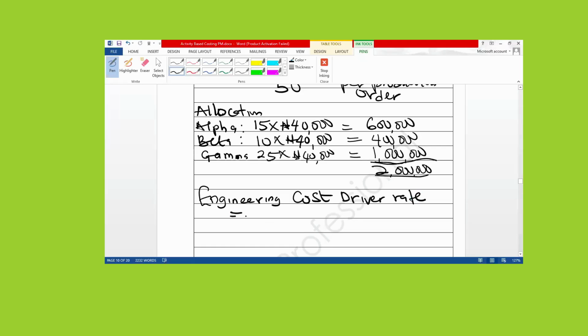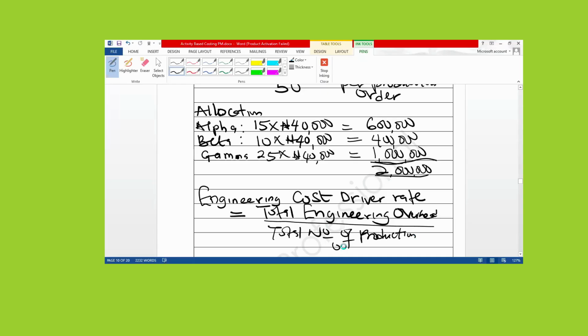This is equal to total engineering overhead divided by total number of production orders.